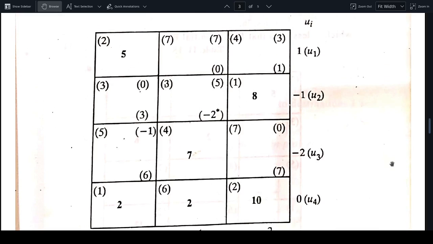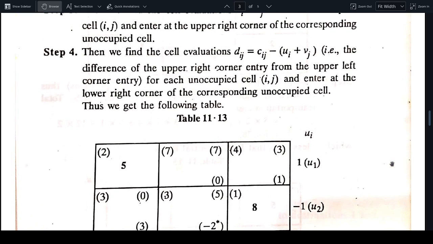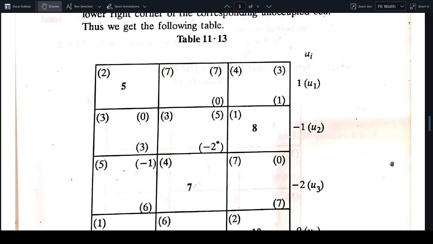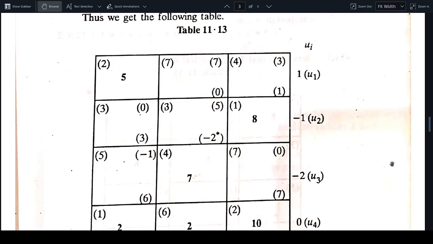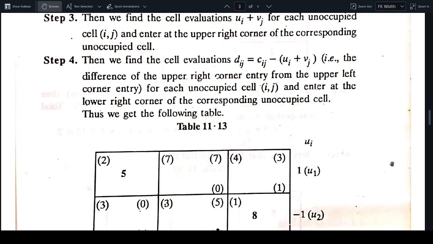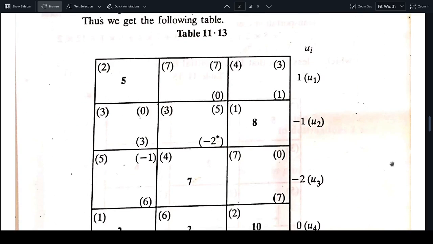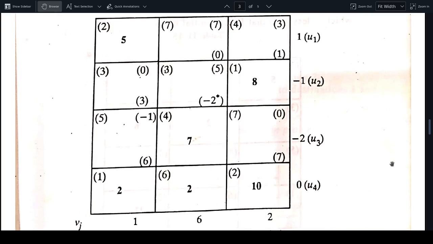Then you move downward, and here you see in cell number 3,3 there is no allocation. Cell number 3,3 no allocation. Cell number 4,3 allocation present is 10.